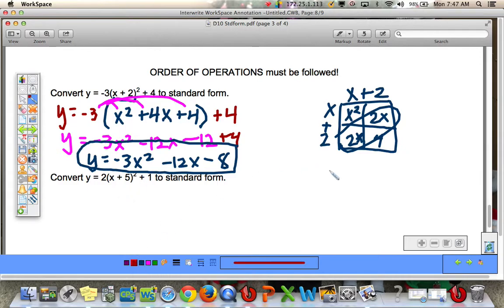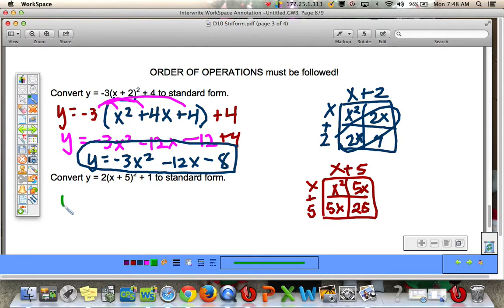Again, the first step has to be multiply out with the rectangle or FOIL, the binomial. So we have x plus 5, x plus 5. We'll get x squared, 5x, 5x, and 25. We'll rewrite y equals 2, and then in our parentheses we'll have x squared, combine like terms, so we'll have plus 10x, plus 25, plus 1, and we will distribute.